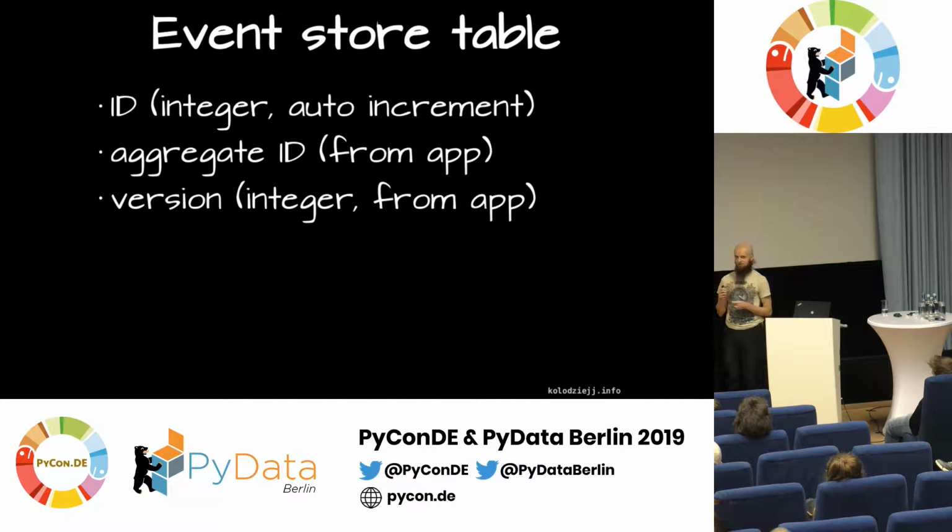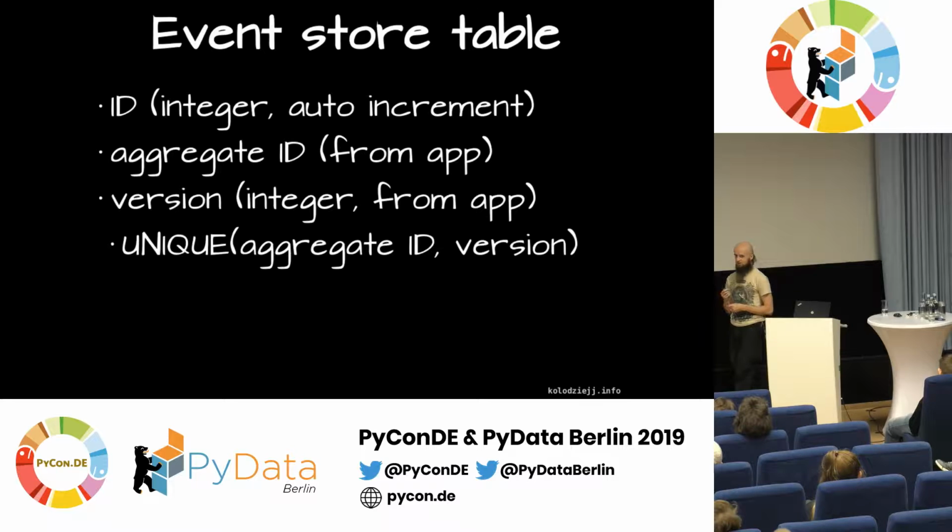This is a number designating the ordinal number of the event in an aggregate. And these two columns have an index over them. First, it is for fetching events for an aggregate. You need that to replay the current state of an aggregate. And also this is for concurrency control. I will go back to this later.